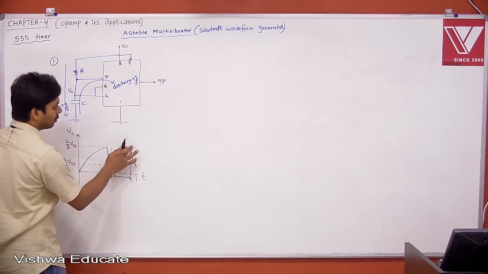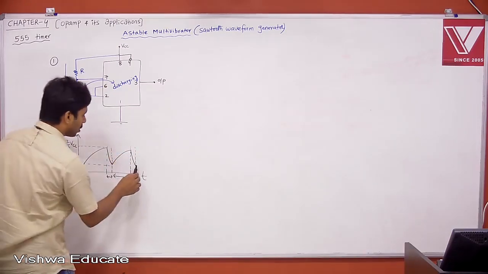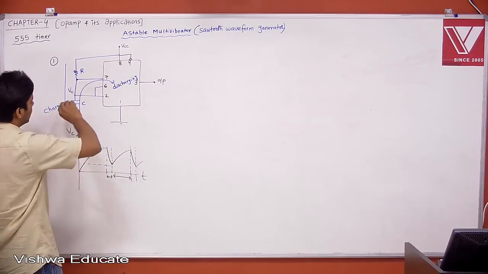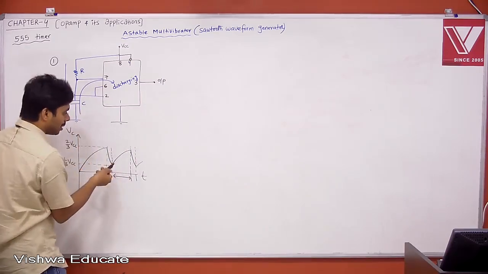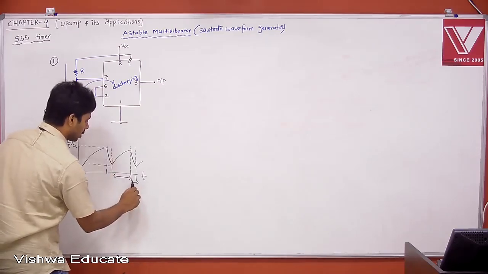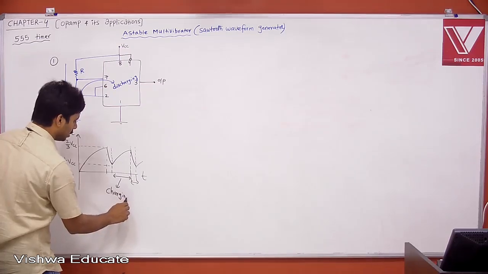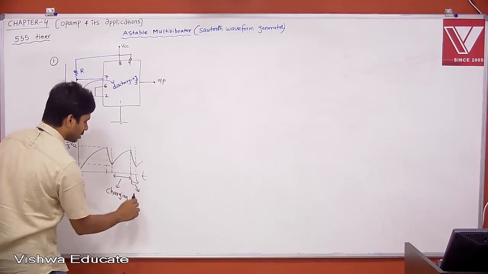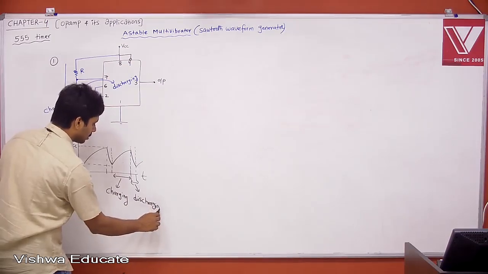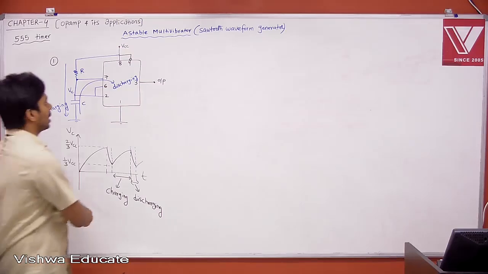No. We'll call it a sawtooth waveform provided the charging of your capacitor is linear, but it is not charging linearly, right? This is our charging, and this is discharging. Discharge is very fast, that is fine. This is our discharging path. Now, how to make the second one?